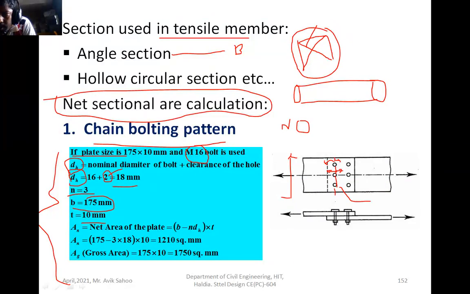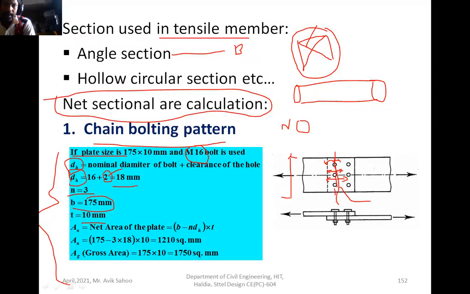The tensile force is applied, the pulling forces, and due to these forces the rupture occurred along this line.